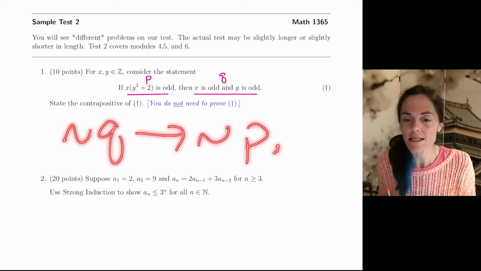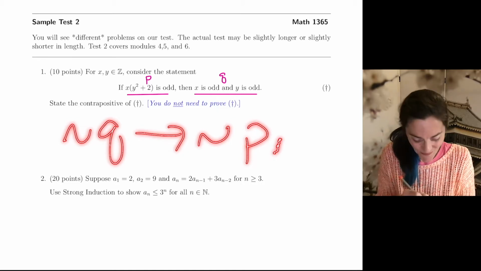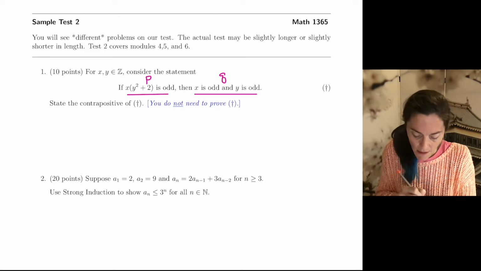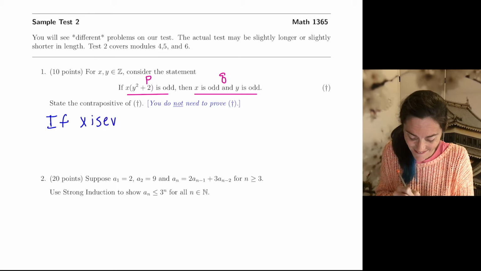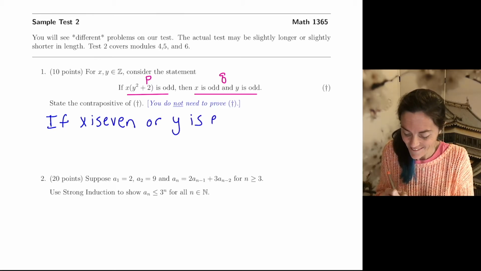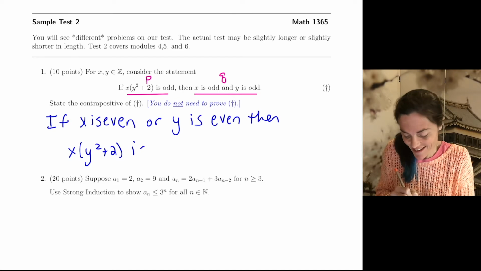But you notice that Q has an and. When we negate an and, this will become an or. Let's write this now. The contrapositive is: if x is even or y is even, then this product, x times y squared plus 2, is even.